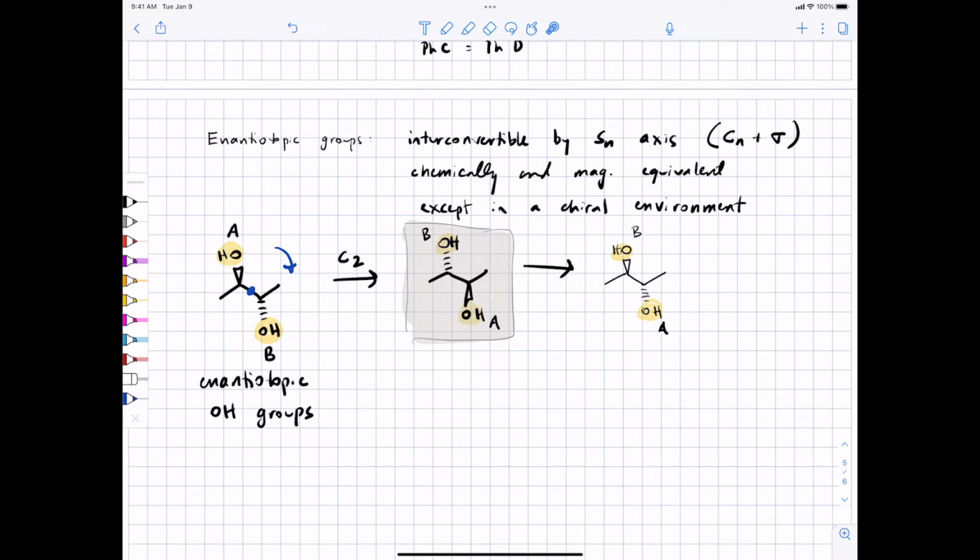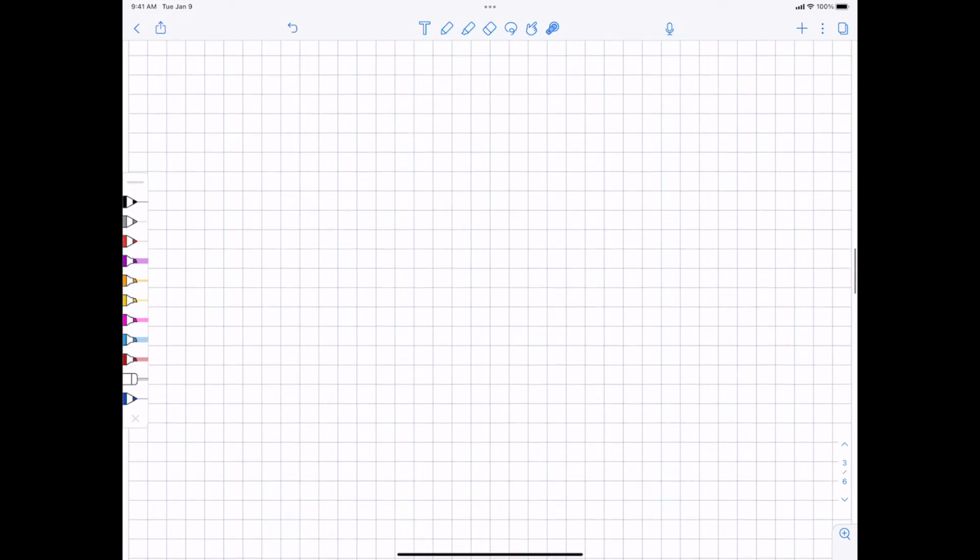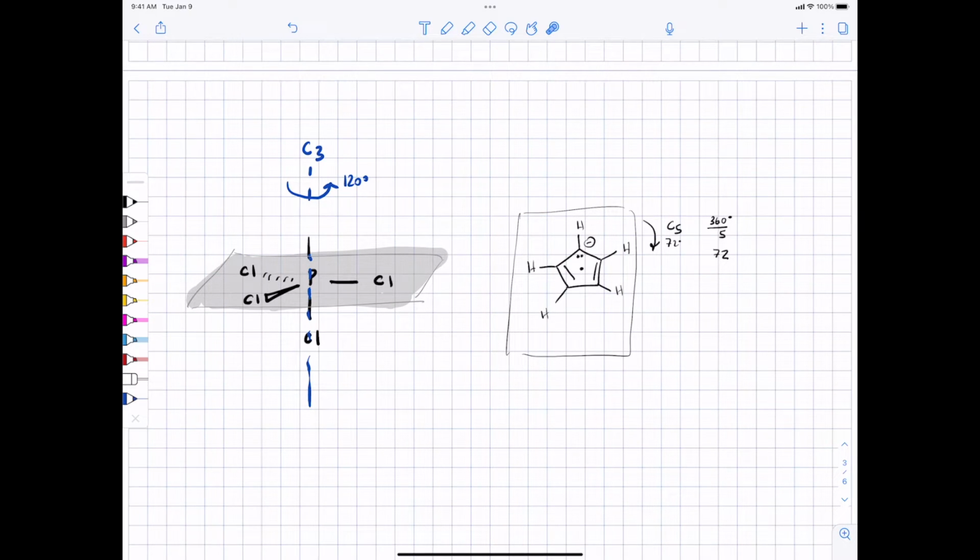So the example you showed us for S3 was both C3 and S3. Yes. Would that be homotopic or enantiotopic? So, that's a tough question now. You have a C3 axis, and you also have S3 symmetry because of the mirror plane. So these two groups, because they interchange via the C3 axis, are they enantiotopic?